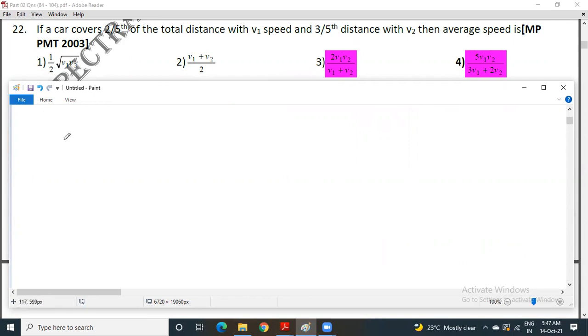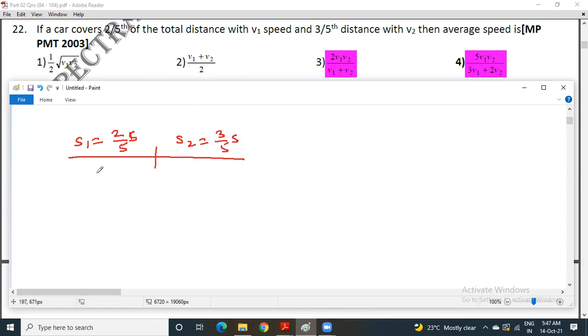In the question it is mentioned that the total distance is divided only into two parts, that too unequal. So first part S1 is equal to 2 by 5th of S. Second part S2 is equal to 3 by 5th of S.